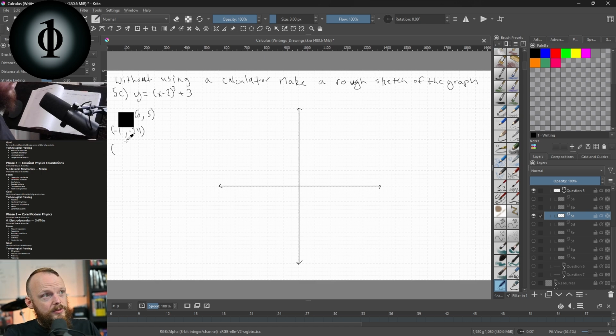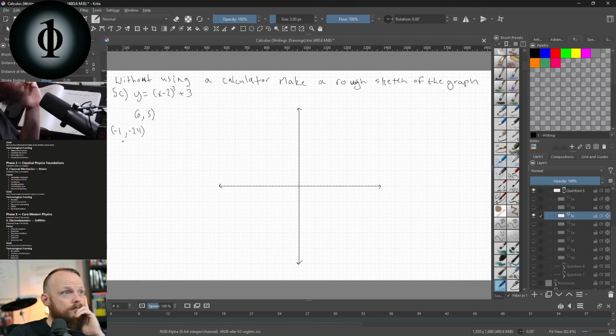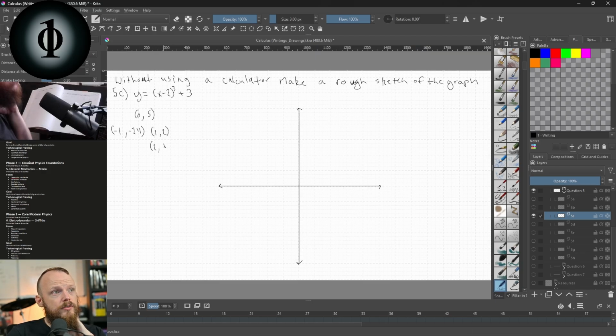We only have a single negative value then, because we're already below. Okay, so for +1, 1 minus 2, -1. -1 cubed is -1 plus 3, which is 2. 1, 2. So for 2, 0 cubed is 0 plus 3. 2, 3.